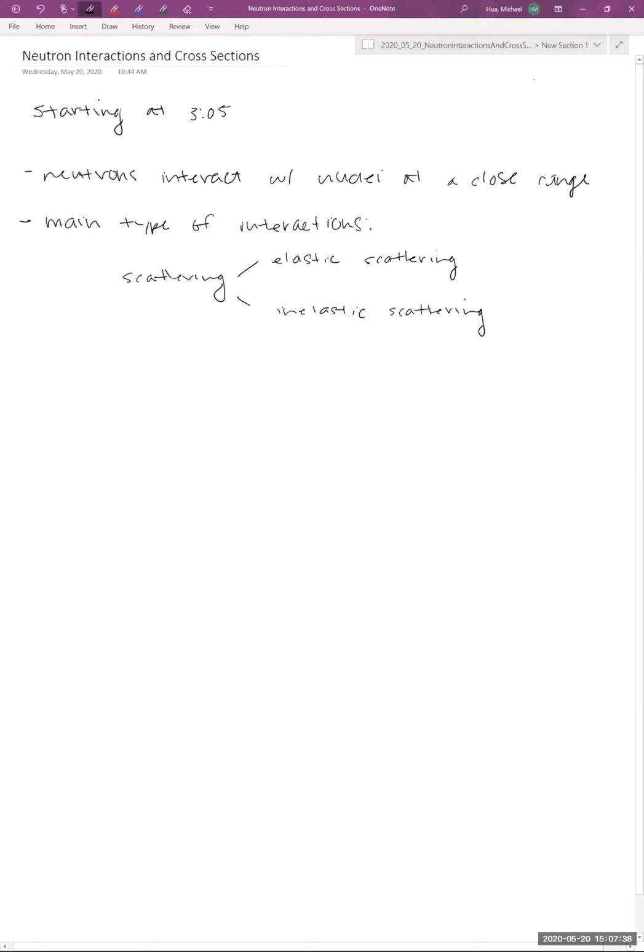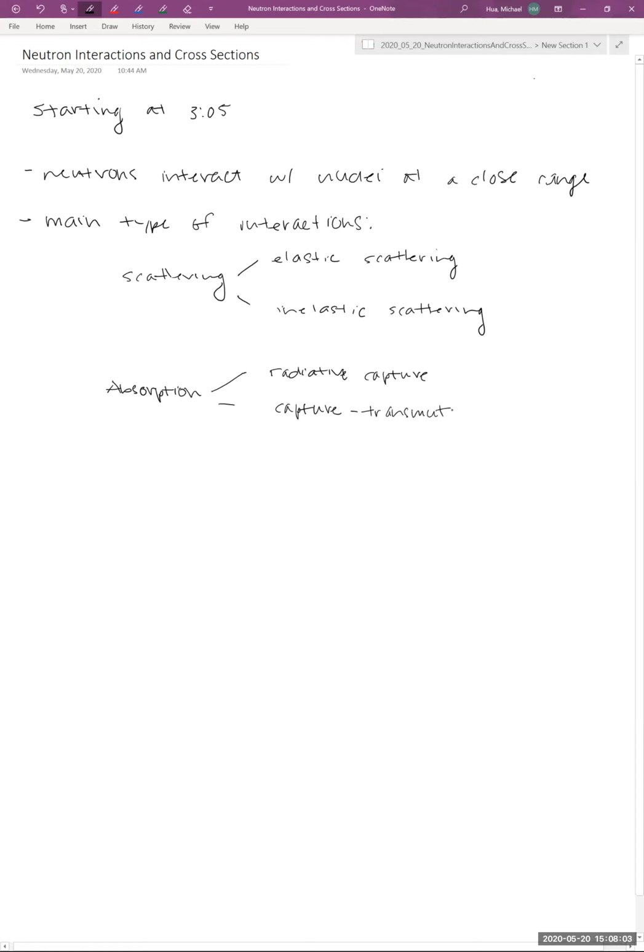And then we have absorption. Within absorption, there's radiative capture, capture that leads to transmutation, and fission.